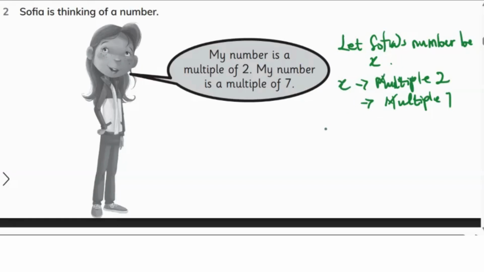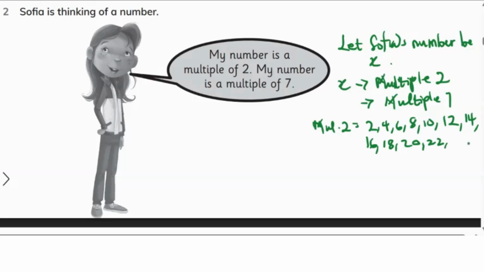In order to find common multiples, we first list the multiples of 2. We have 2, 4, 6, 8, 10, 12, 14, 16, 18, 20, 22, 24, 26, 28, 30, and so on and so forth.